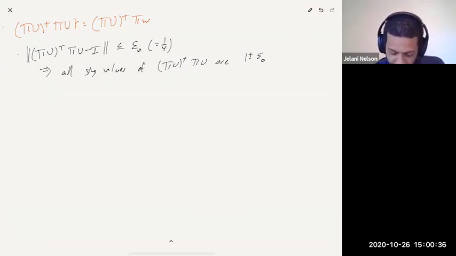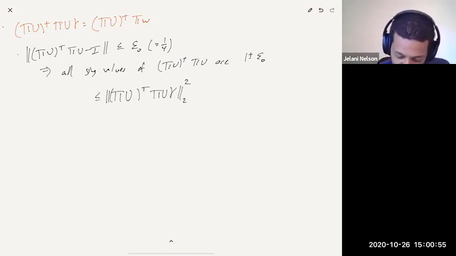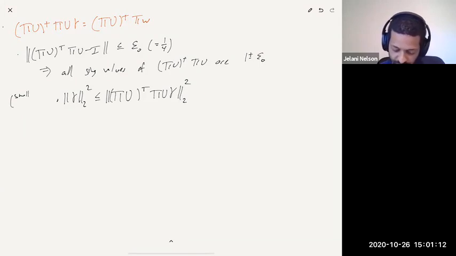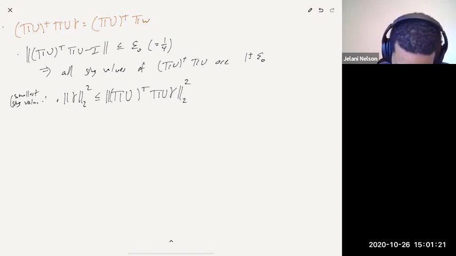So what does that mean? That means that if I look at the norm squared of pi U transpose pi U gamma, it's at least the norm squared of gamma times the smallest singular value of this matrix.